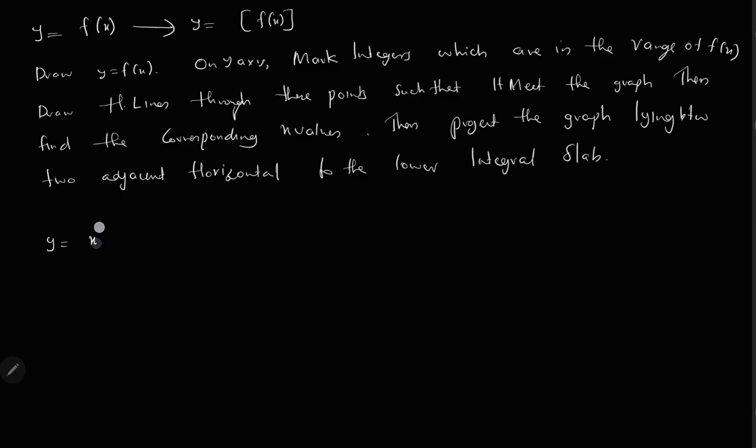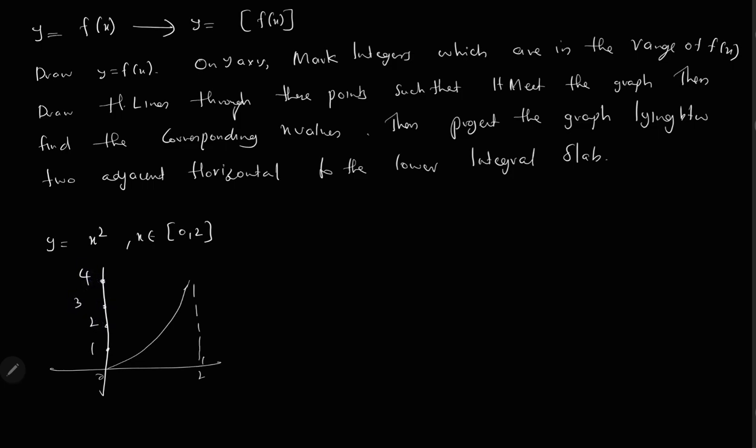So y equal to x square, graph I am drawing, x belongs to 0 to 2. So this is 0, this is 2. Then what to do? What was the first step? Mark integers on y-axis.